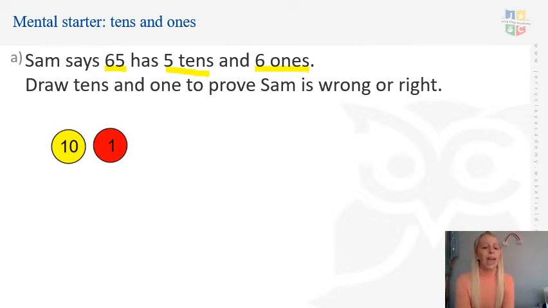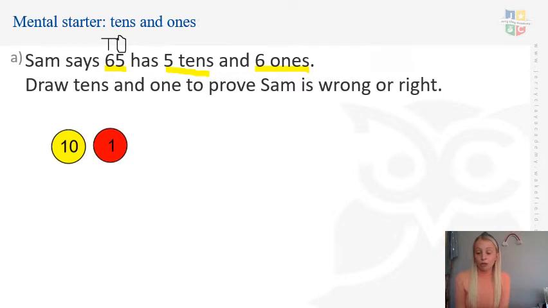Now straight away I'm not sure that's right, because if I do my tens and ones on top with my pencil, then I know straight away 65 has 6 tens and 5 ones. But the question says draw tens and ones to prove Sam is wrong or right.